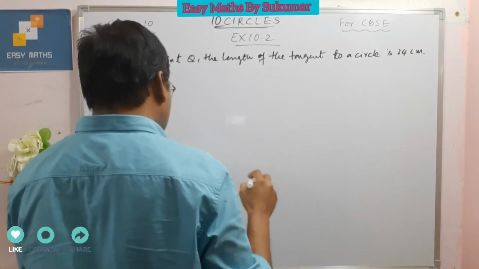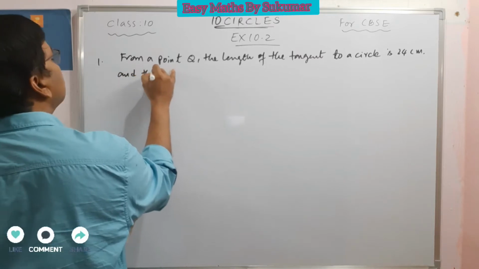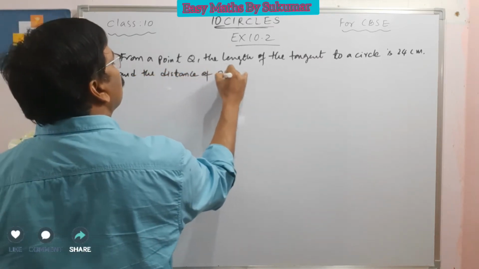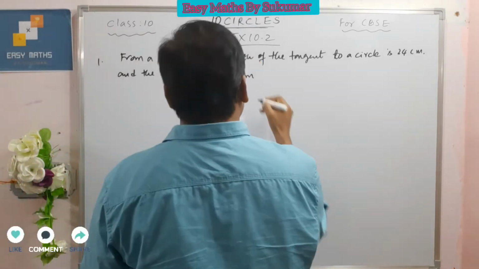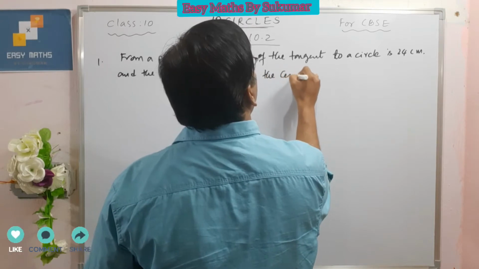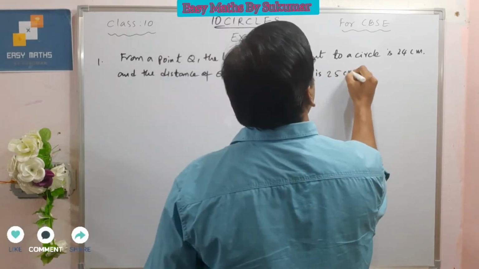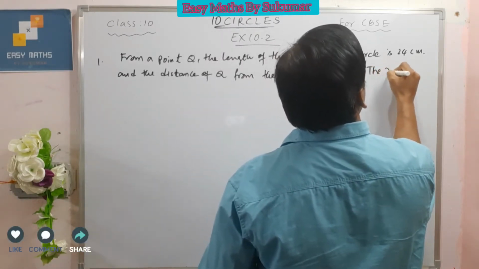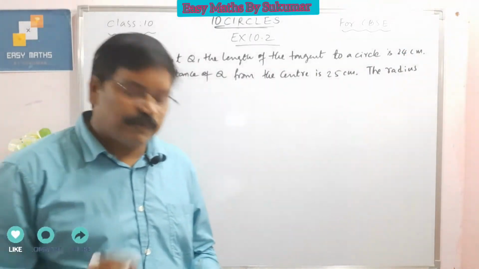And the distance of Q from the center is 25 centimeters. What is the radius of the circle? Okay. See what is given here.